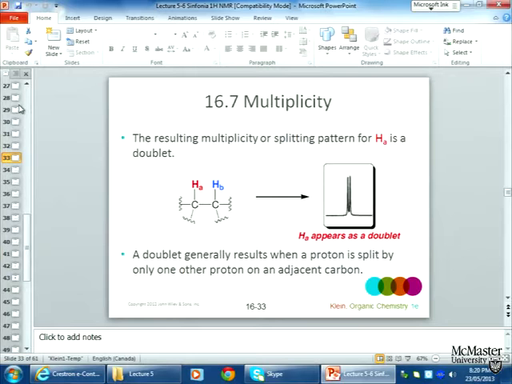It tells you, for example, that I've got 3 methyl groups in the compound, 2 singlets and a doublet. So the 2 singlets must be attached to a carbon bearing no neighbors, while the doublet results from a methyl group being attached to a carbon bearing 1 hydrogen. Okay?